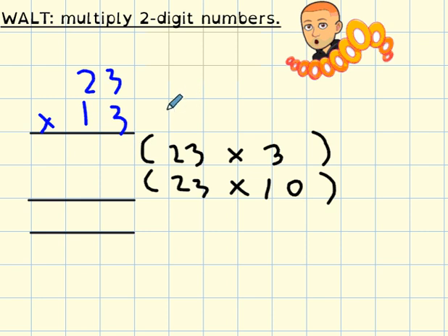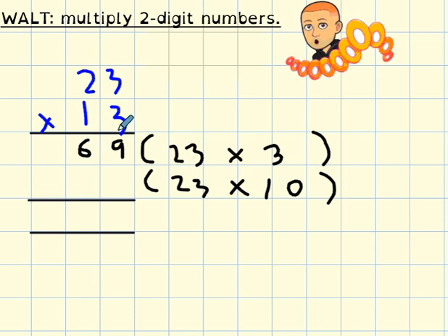If I'm doing my first part of my calculation, I'm timesing my ones number. 3 ones times 3 ones gives me 9 ones. 2 tens times 3 would be 60.